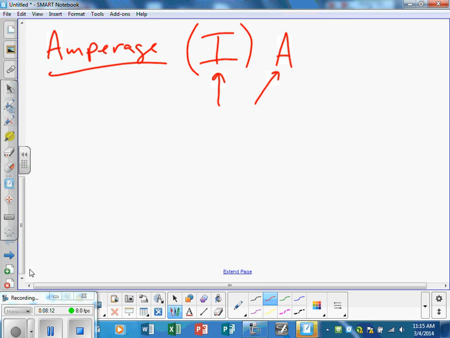A is also called current. Okay? So 1 amp is like 1 kilogram or 1 meter or 1 second. Amp is the name of the units.